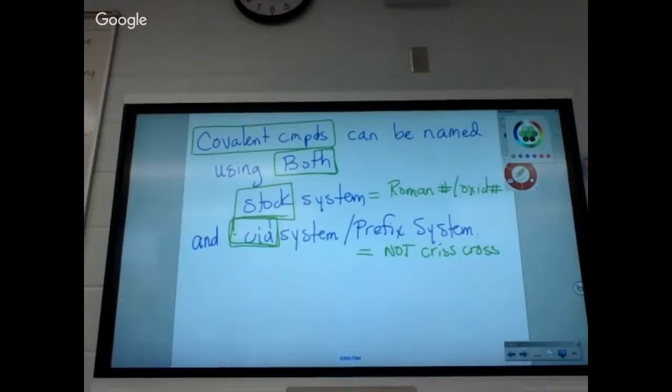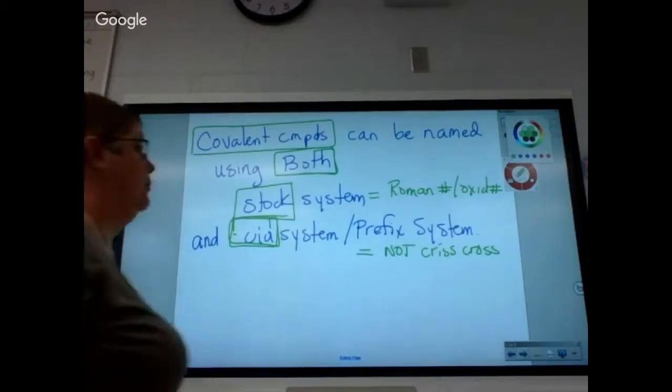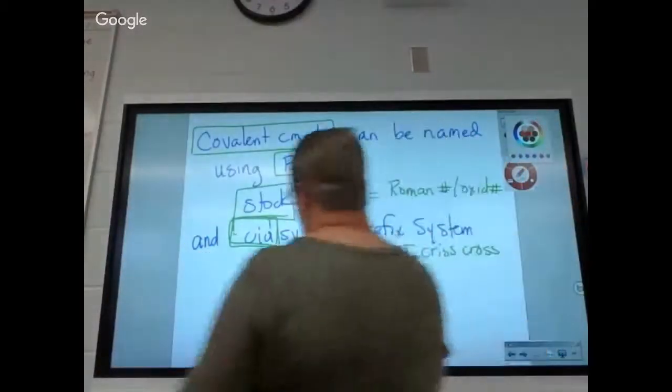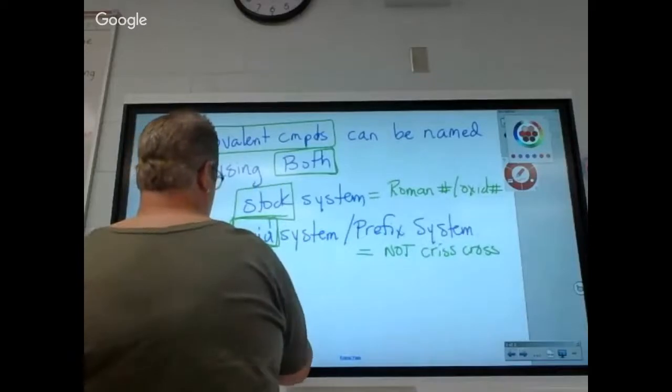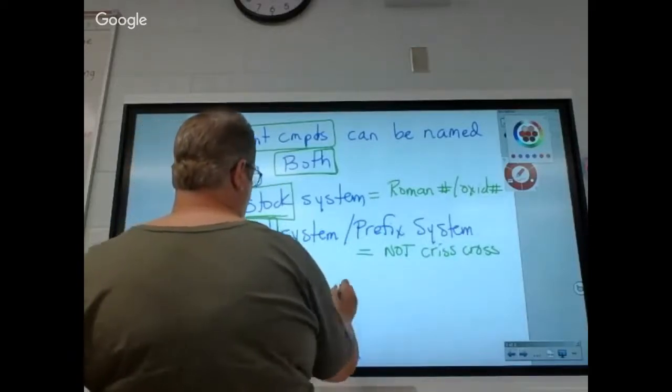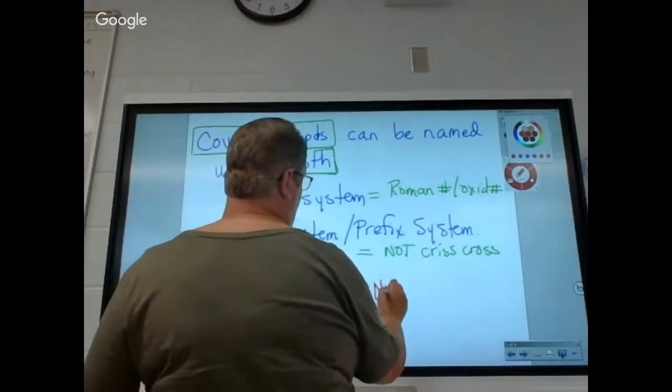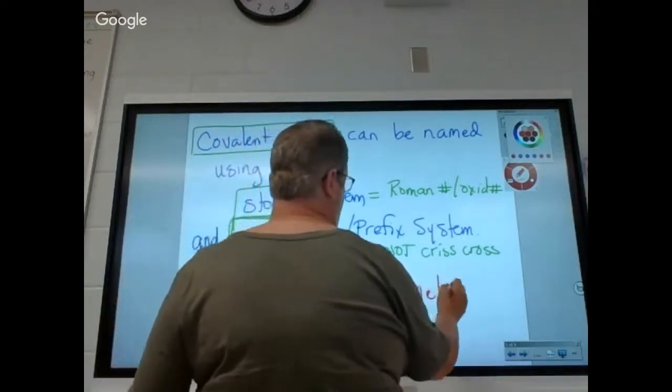All right, so how are you going to recognize then if it is a covalent compound? Okay, so how are you going to know if you could use the old system? How did we learn to recognize if it was a covalent compound last week? Covalent has to be all non-metals.